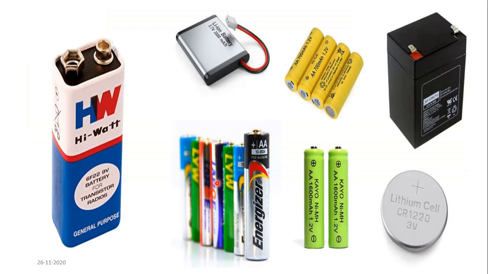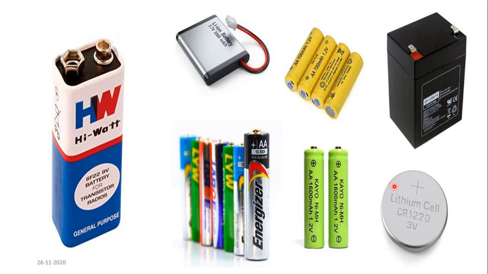Now see here, all these devices are familiar to you, and we use these devices in our day-to-day life. These are the different types of batteries which we use to generate electricity. In electronic equipment, we use this.